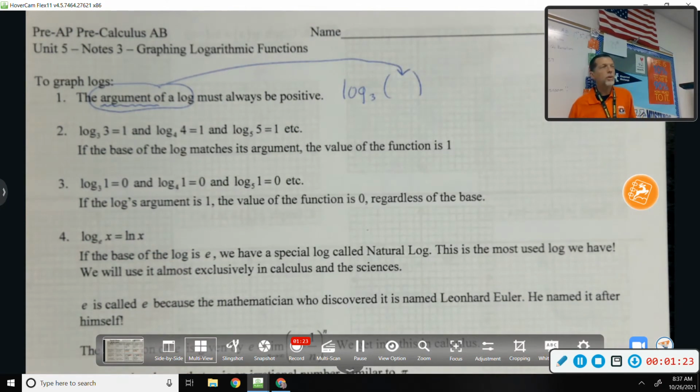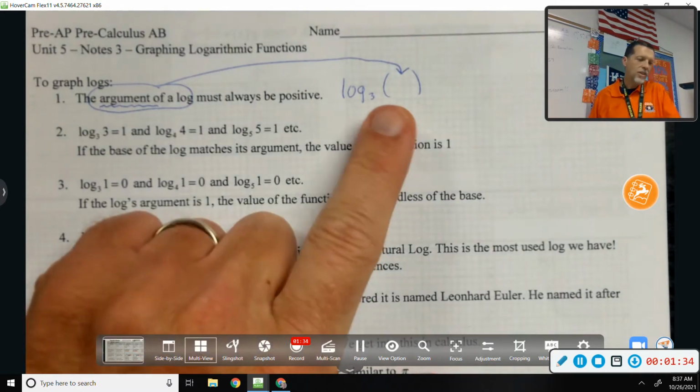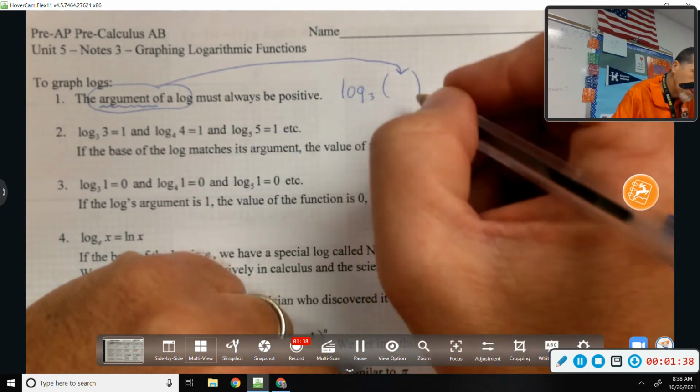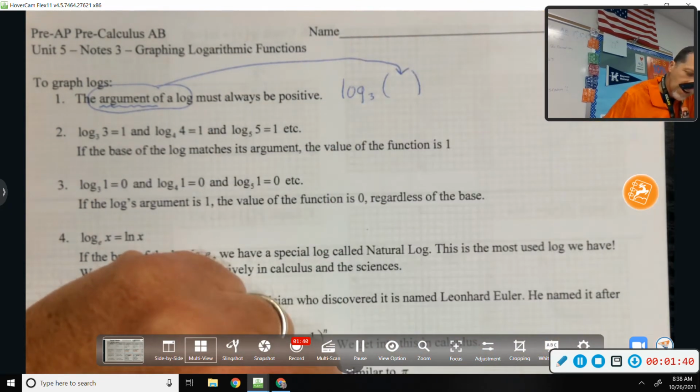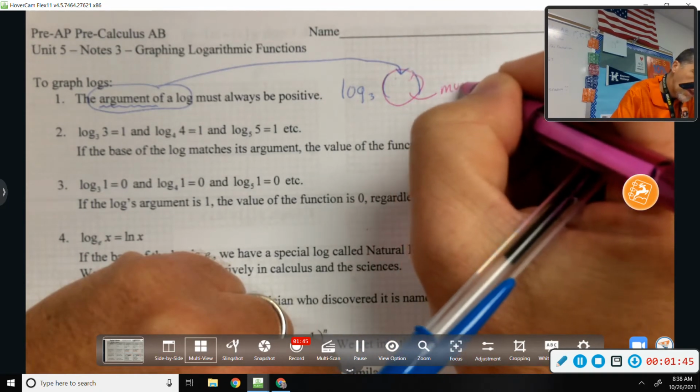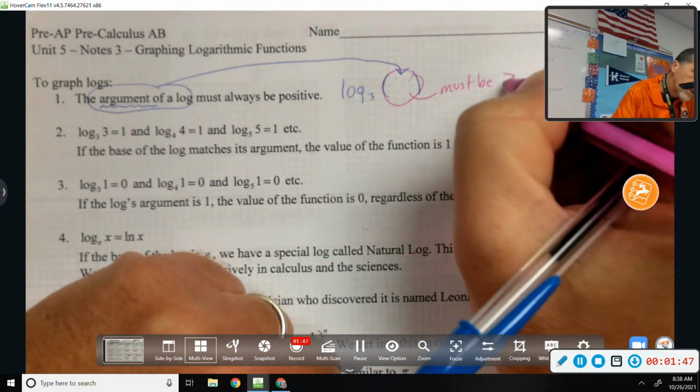We also use the word for the argument of a sine function, meaning what you're taking the sine of. The argument of a square root function is what you're taking the square root of. The argument of a log is what you're taking the log of. It must be positive, so whatever's in there must be greater than 0.